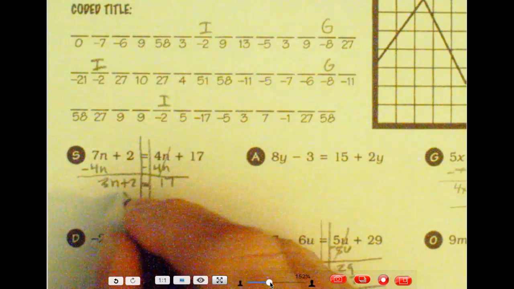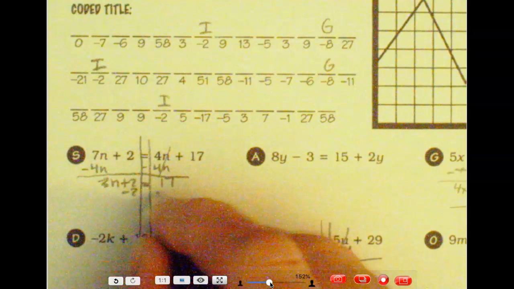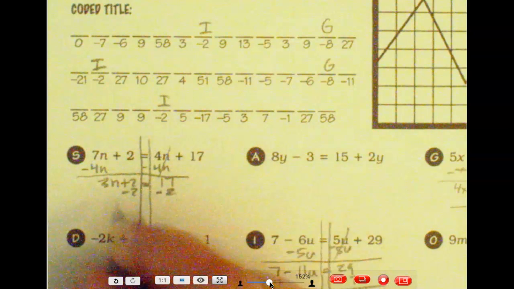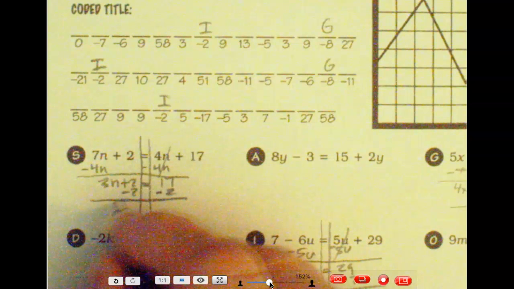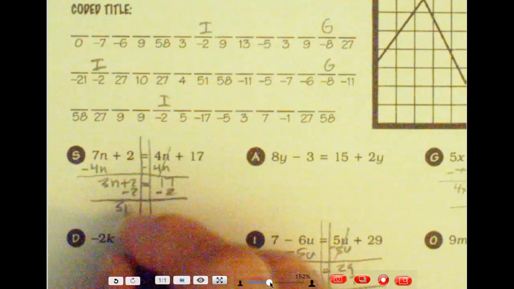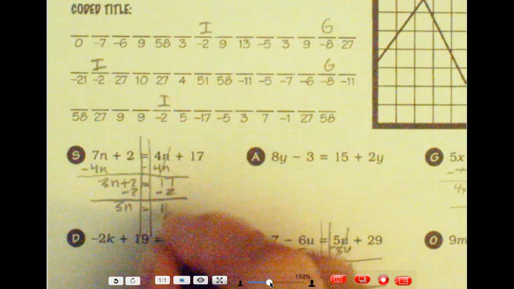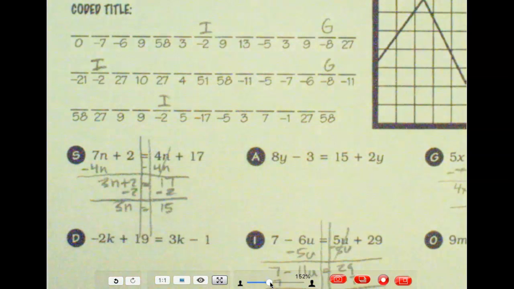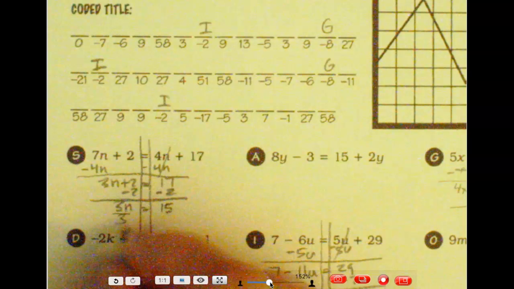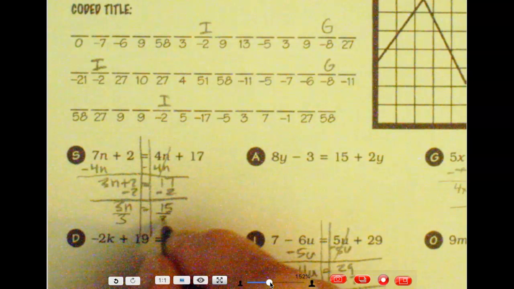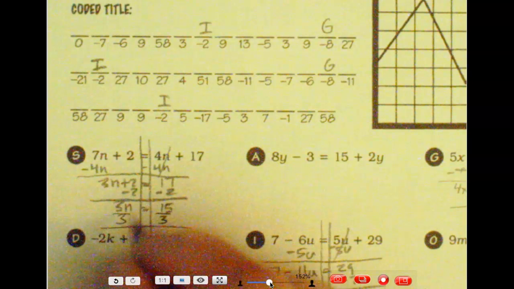I am going to subtract 2 from here. I am going to subtract 2 from here. And now I've got 3n equals, so 17 minus 2 is 15. So now I'm going to divide by 3. Divide by 3.